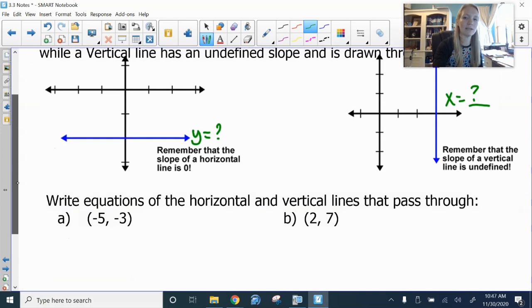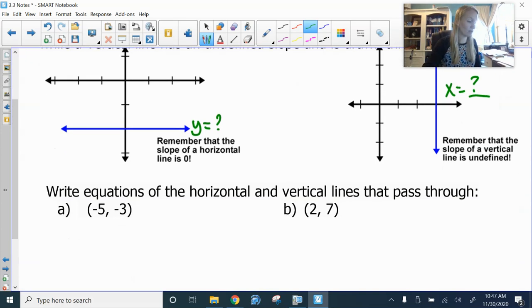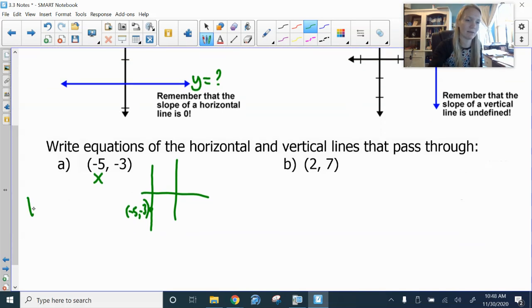So if I have a coordinate, and I want to know what's the vertical line and what's the horizontal line, well, guess what? If I was to draw a point, let's see, if I went -5, -3, and I wanted a vertical line through that point, I'd probably go through the X part.